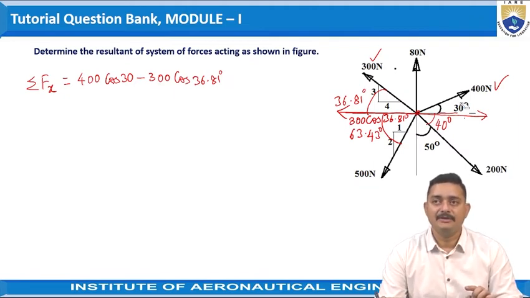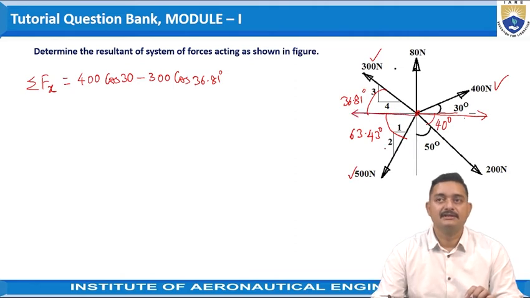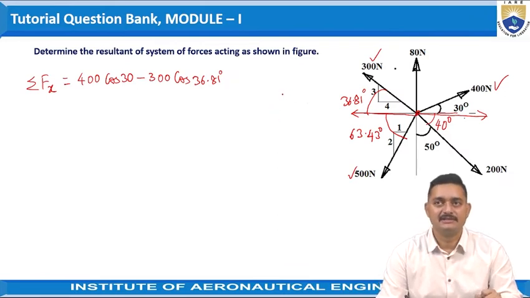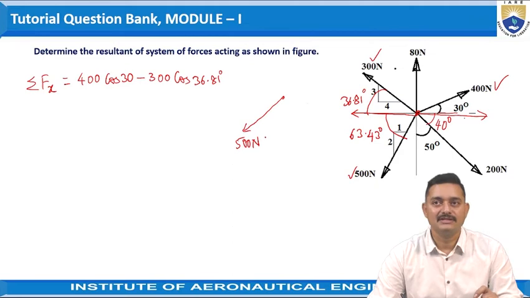Now coming to the next force, that is the 500 Newton force. The horizontal component of this 500 Newton force will be acting in the left hand side direction. How are we obtaining these directions of the component forces? Let us take this example of 500 Newtons. As the 500 Newton force is acting in this direction, how will we obtain the component forces?